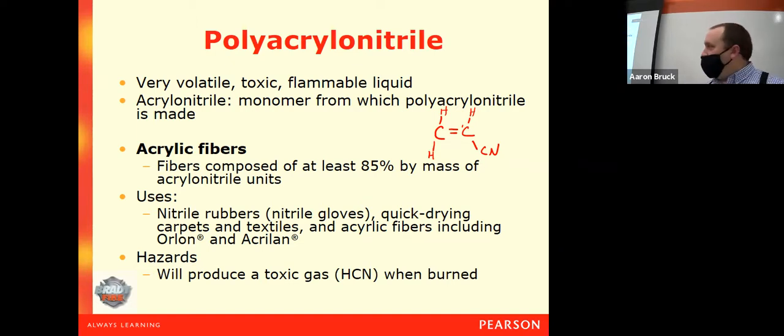Certain types of fabrics like Orlon and Acrylan, both of those are owned by the DuPont company. Those are in carpets primarily. So if you have something like a stain resistant carpet or a carpet pad that does not absorb liquids, it is the acrylonitrile fibers that are the main cause of that.